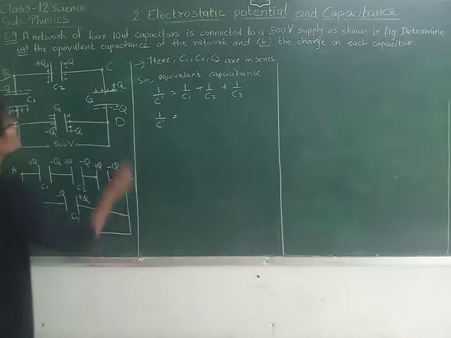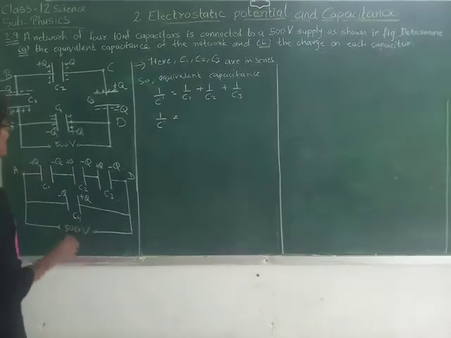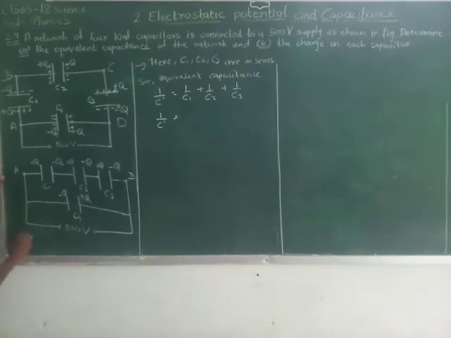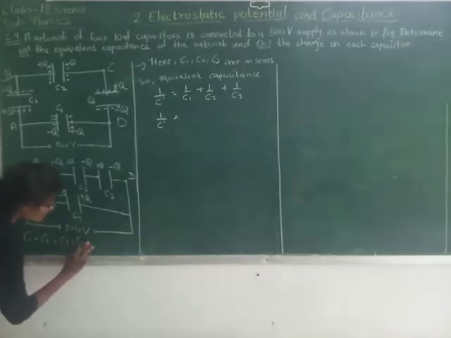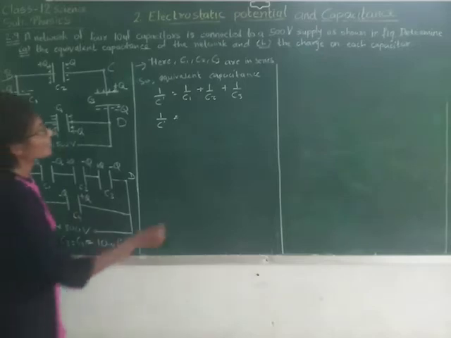Here in the data it is given that all the 4 capacitors have the value 10 microfarad, right? So here let me write C1 equals to C2 equals to C3 equals to C4 equals to 10 microfarad, right?